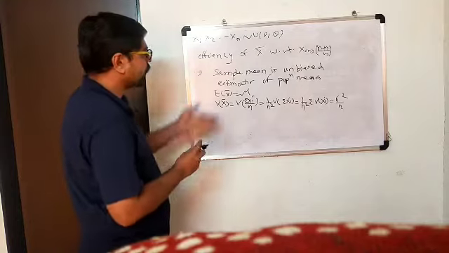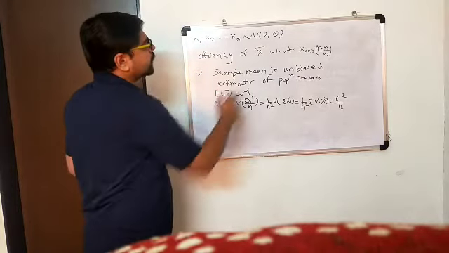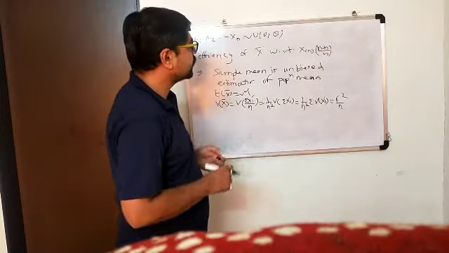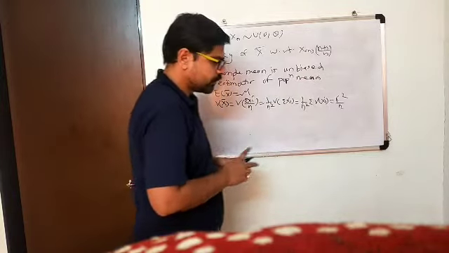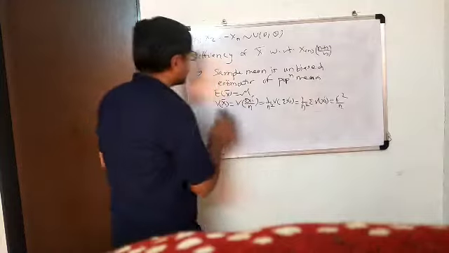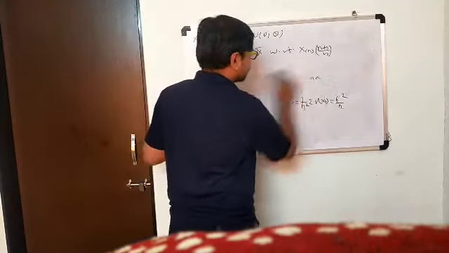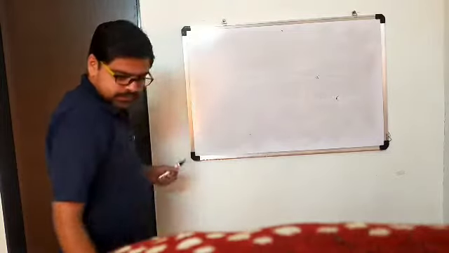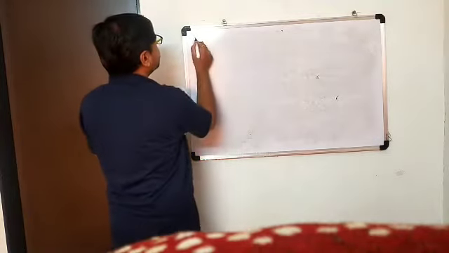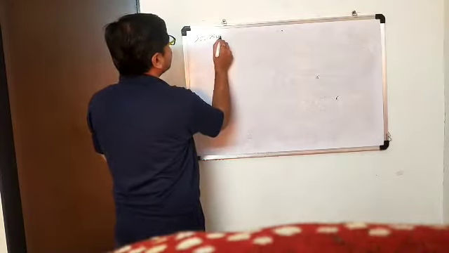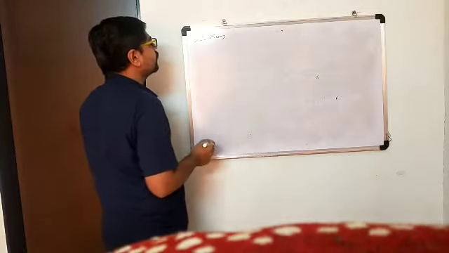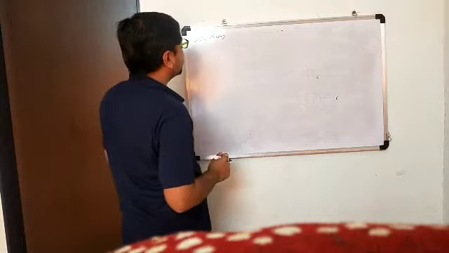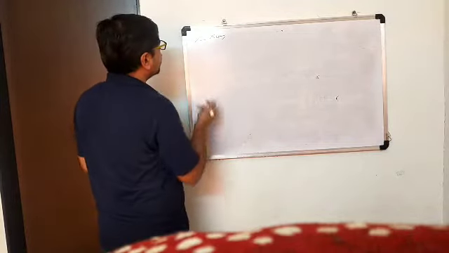Now we have to check whether X ordered n into (n+1)/n is unbiased, and find its variance. So consider Y equal to X ordered n. We have to find the sampling distribution of X ordered n.